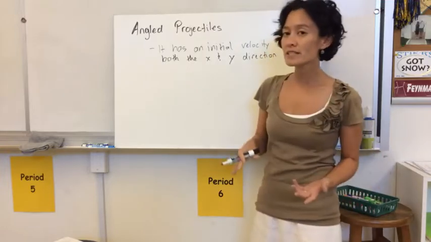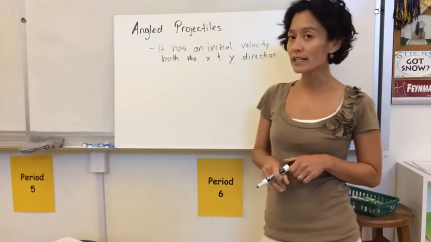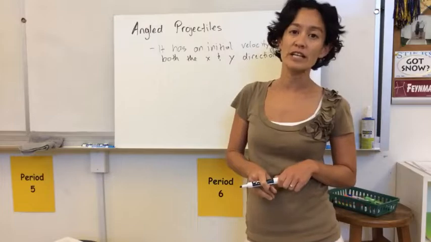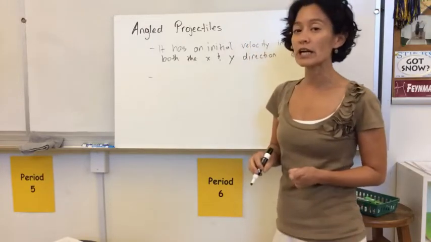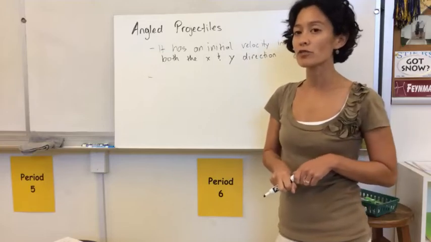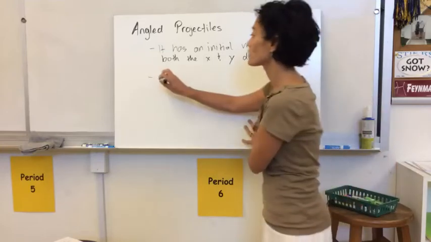In the previous section with horizontal projectiles, we only had initial x velocity, and now we have an initial x and y velocity. So the first thing you have to do with an angle projectile is break up that initial velocity into an x and a y component.